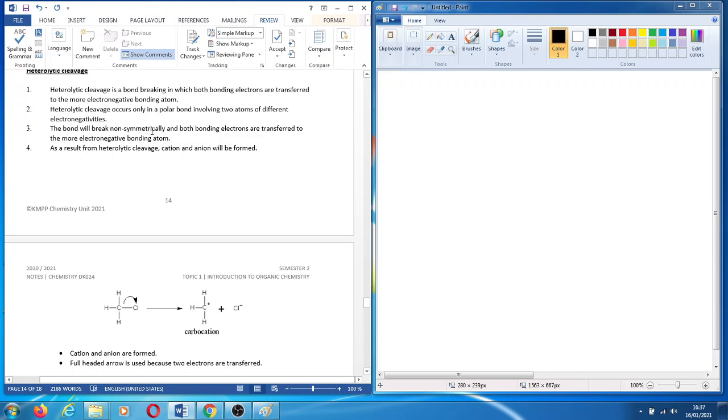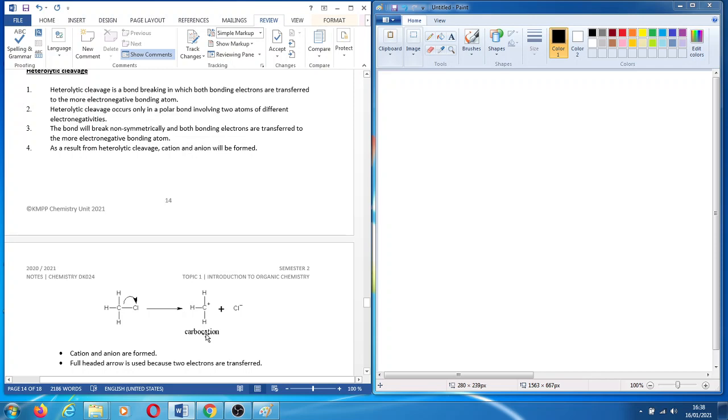The electron from C will be transferred to the more electronegative bonding atom, Cl. Thereby, Cl will be rich with electron, and you will get Cl minus, and C will have less electron. It will be a carbocation.